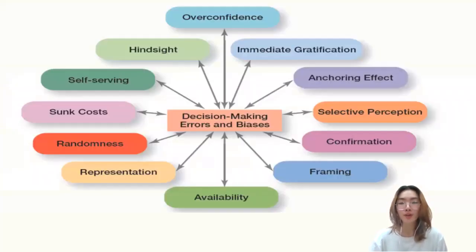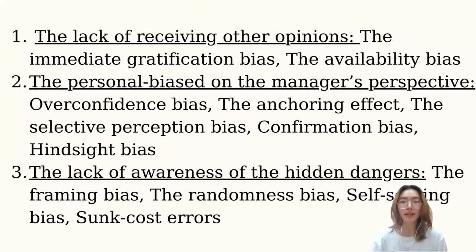Next, we have the chart of decision-making errors and biases. After evaluating and analyzing this chart, we came to the conclusion that it could be divided into three categories. The first is the lack of receiving other opinions, which includes the immediate gratification bias and the availability bias.